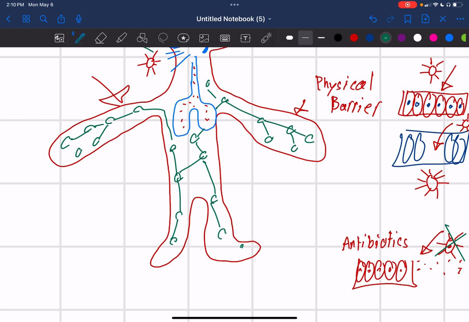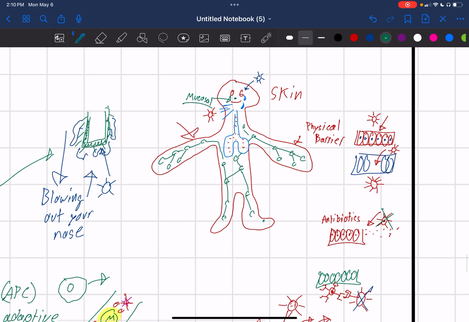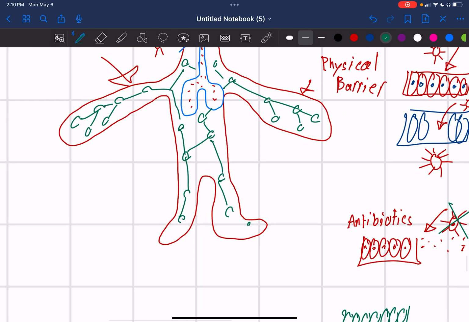So those are the lymph nodes. The lymph nodes also are sites where cells get sent so they can then be processed.